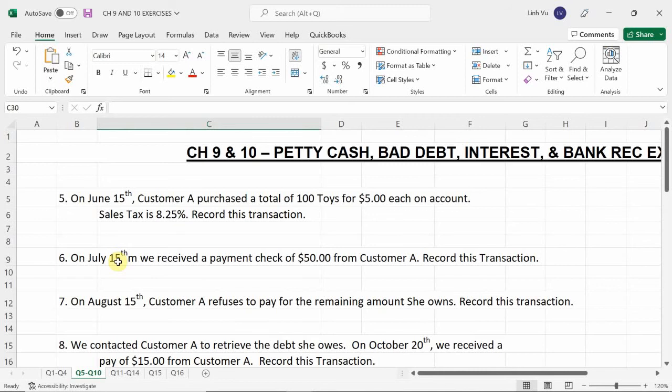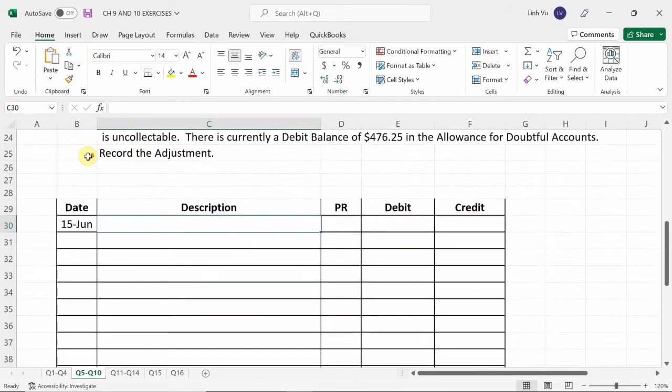Well, let's read the scenario again. On June 15, customer A purchases a total of 100 toys for $5 each on account. Okay, accounts payable. No. Why is it not accounts payable? Do we owe the money or does the customer owe me money? The customer owes you money. So it's definitely not accounts payable. What would it be? Accounts receivable.